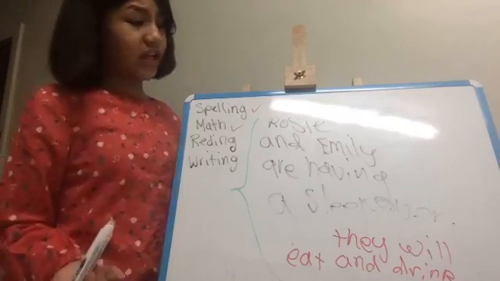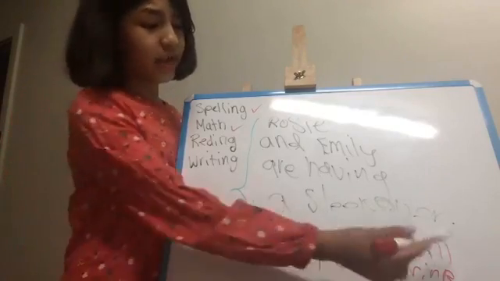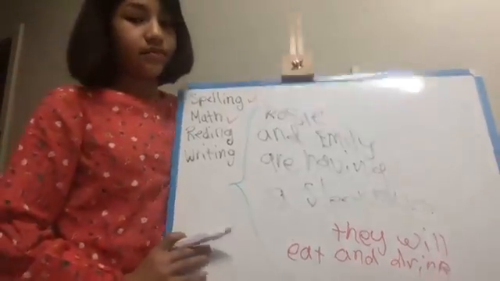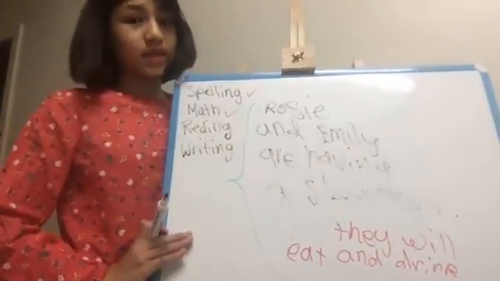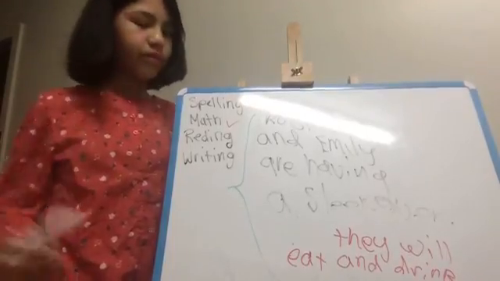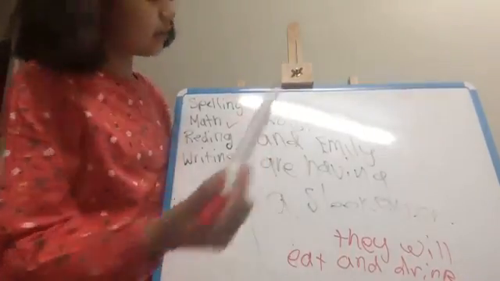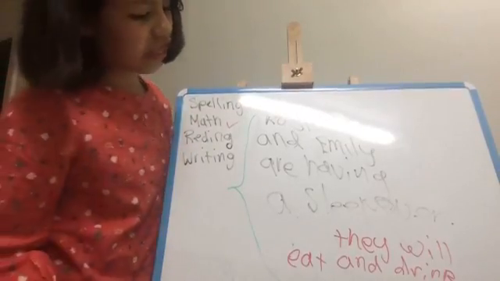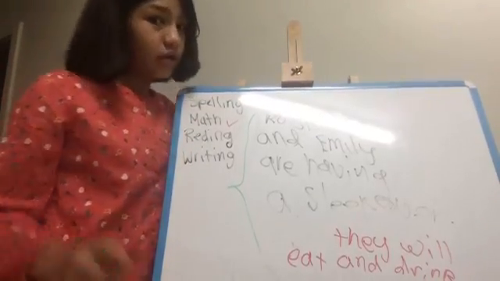But since there aren't any full stops, see? Any full stops. That means it'll still have to continue. Rosie and Emily are having a sleepover. They will eat and drink.